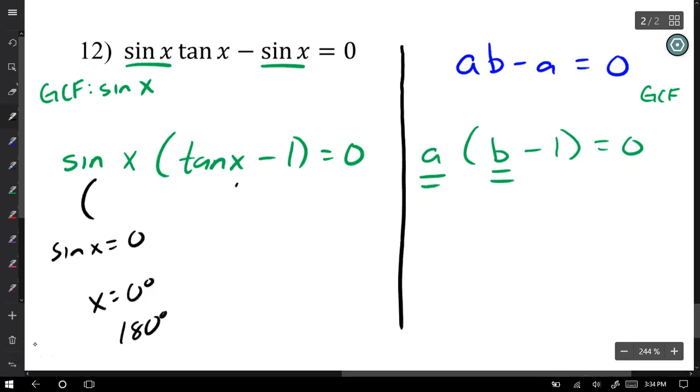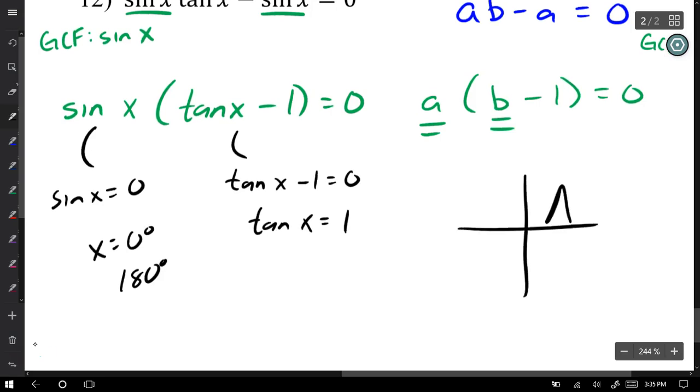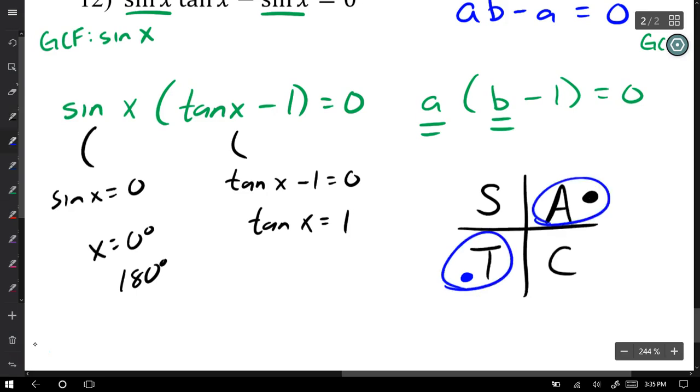If I have tangent of x minus 1 equals 0, I would add 1. And if I think about my quadrants where it's positive, all of them are positive here. So that means I know I'm going to have one in the first quadrant. Only sine is positive here, and tangent is positive down here, cosine here. So my answers are going to be somewhere in the first quadrant and somewhere in the third quadrant.